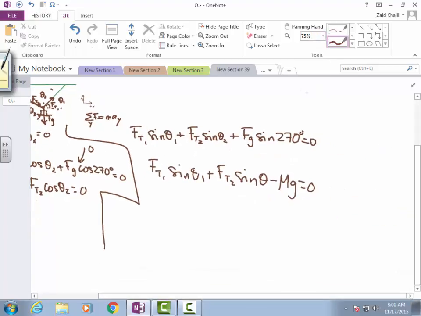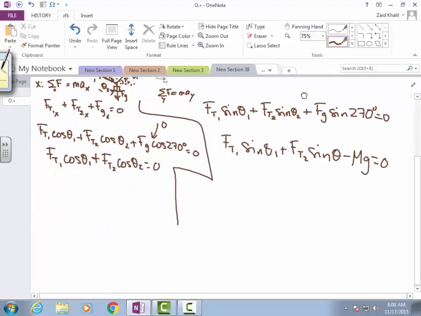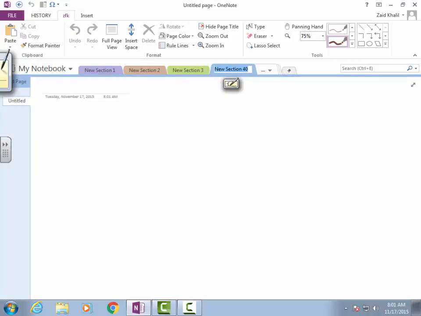Can we see everything? Yes, we can. All right, so I'm going to write down what we have, and I'm going to continue solving it. Actually, you're going to tell me what we have on a new page. What are our two equations?